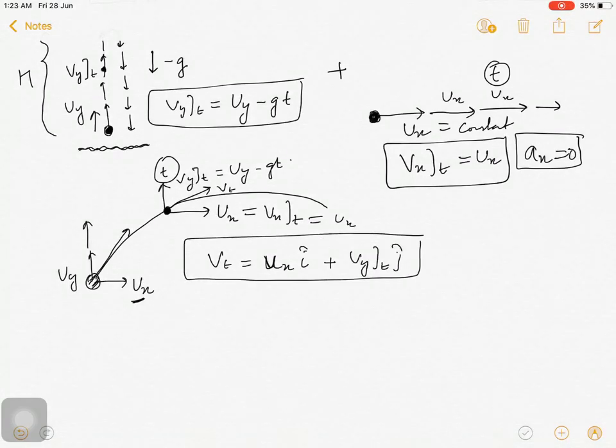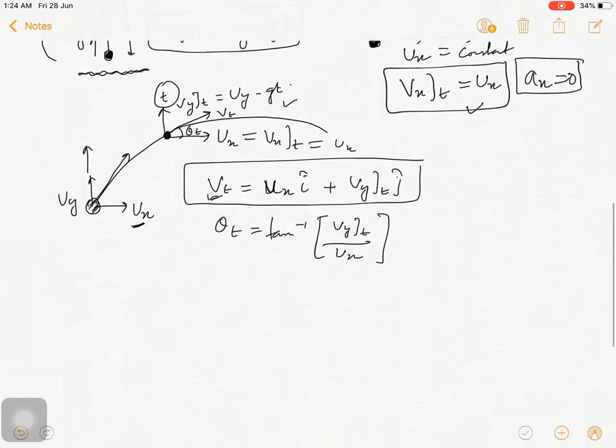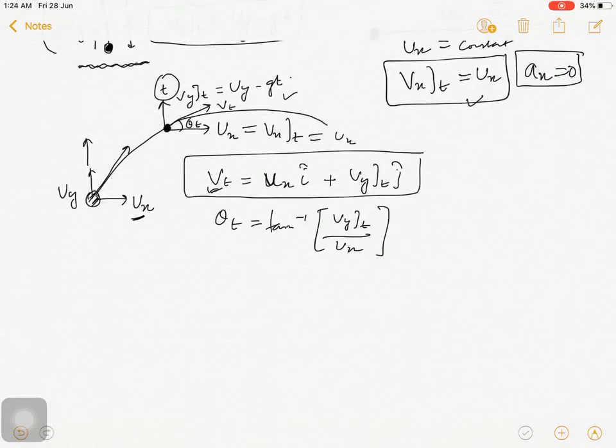This resultant velocity vector makes an angle theta t with respect to the vertical, so theta t is nothing but tan inverse of vyt upon ux. So we have found the velocity in x direction at time t and the velocity in y direction at time t, and also the resultant velocity vector.